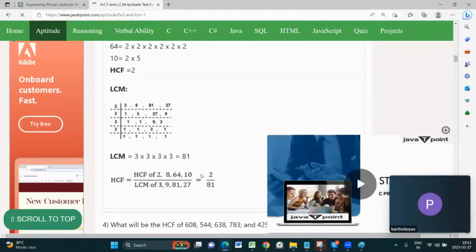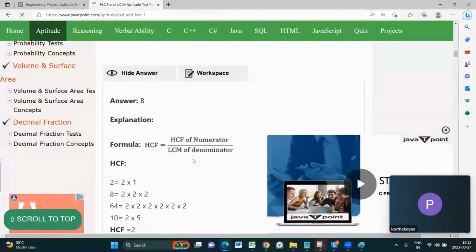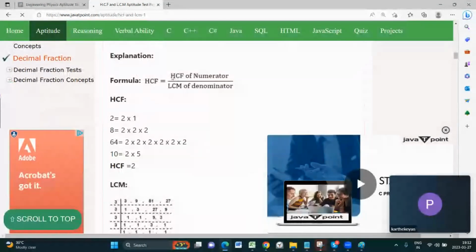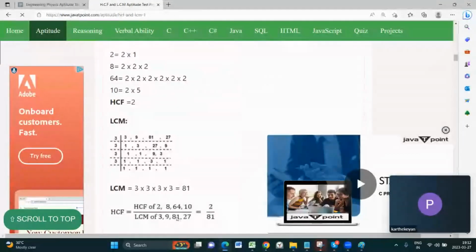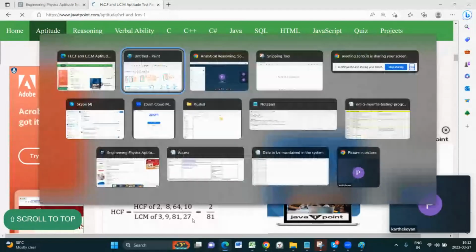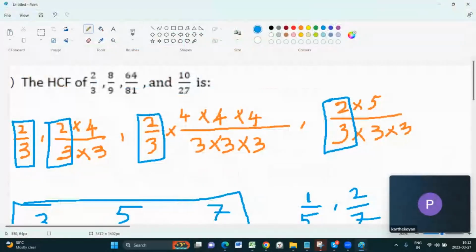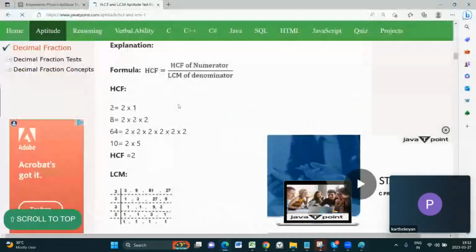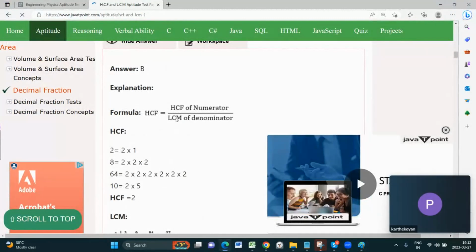When you have many fractions and need to find the HCF, the formula is: HCF of the numerators by LCM of the denominators. Only when 81 is common to all denominators does 27 fit. Understood?